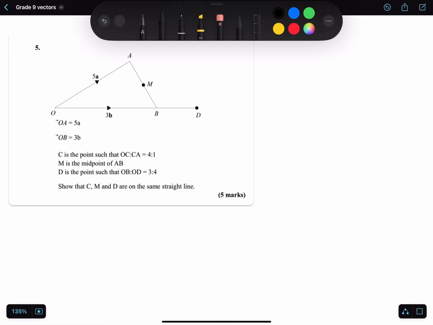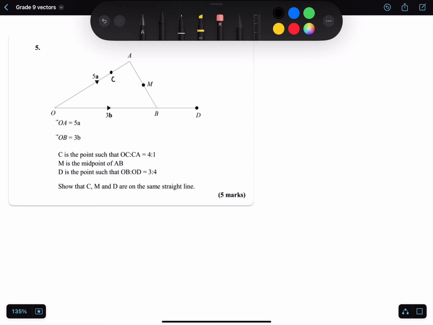They've already given you the parts OA and OB. Then they give you the point C, which is a point on OA, such that OC to CA has a ratio 4:1. So again, we add 4 and 1, we get 5. We divide OA by 5, so you do 5A divided by 5, which will give you A. And we can mark point C here, for example.